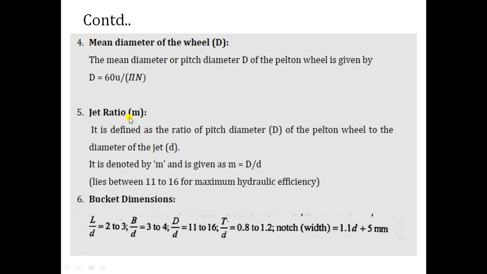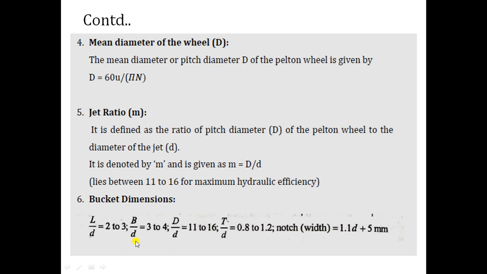Jet ratio. We will denote the jet ratio by m. It is defined as the ratio of the pitch diameter of the Pelton wheel to the diameter of the jet, and it is given by capital D by small d. For maximum hydraulic efficiency, this value of m should be between 11 and 16.